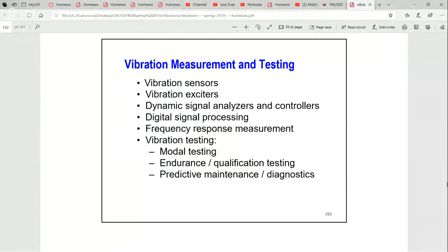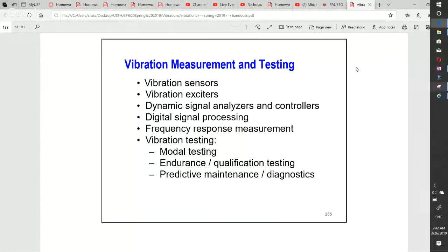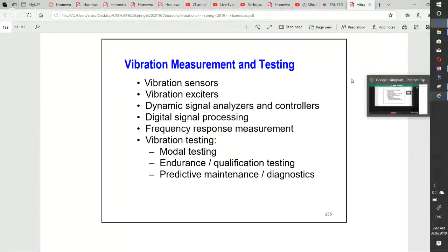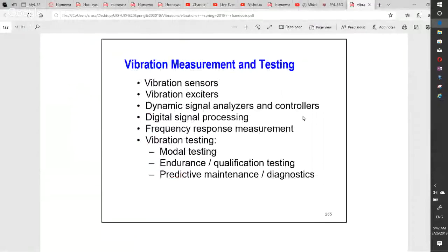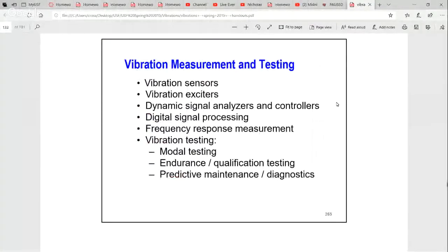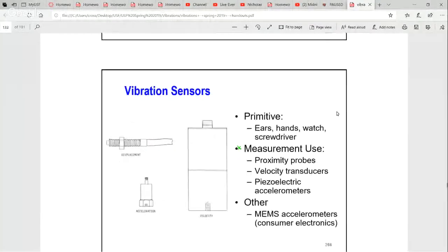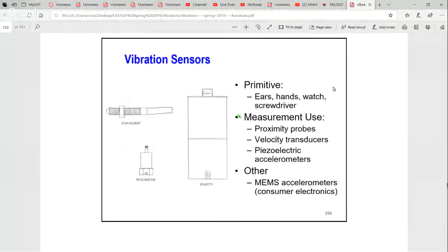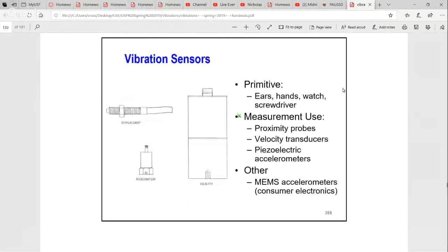All right, so the first slide here is about vibration sensors. And make no mistake about it, for vibration measurements that really matter in a laboratory setting or an industrial setting, or for predictive maintenance, for diagnostics, we use, more often than not, in structures, piezoelectric accelerometers.